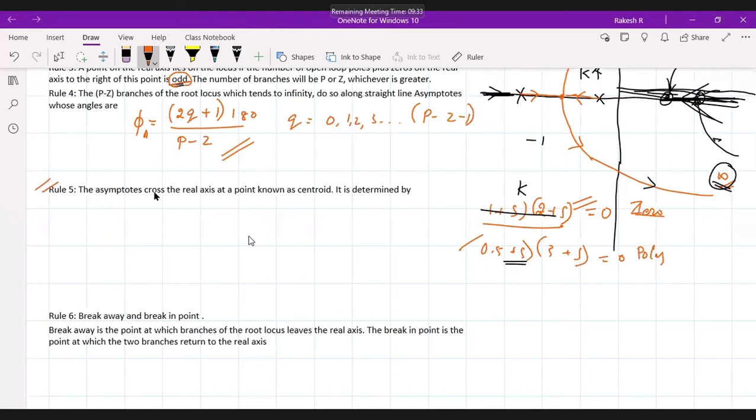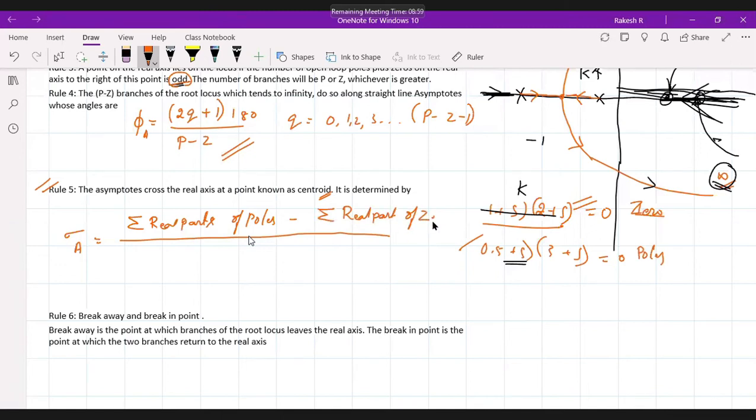The asymptote crosses the real axis at a point known as the centroid, given by sigma A. That is the summation of real parts of poles minus the summation of real parts of zeros, divided by number of poles P minus number of zeros Z. This is the centroid point we need to find.